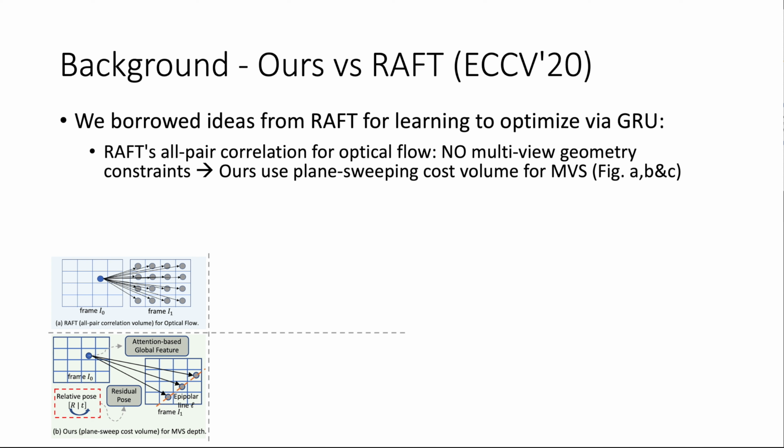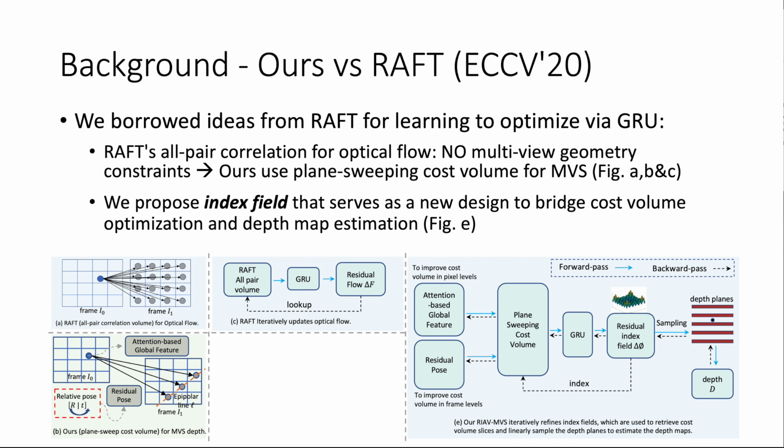There are no multi-view geometry constraints when generating the all-pair correlation volume. Instead, our method is proposed for multi-view depth estimation by constructing a plane sweeping cost volume that explicitly encodes the epipolar geometry. What's more, as shown in Figure E, we propose index fields as a new design.